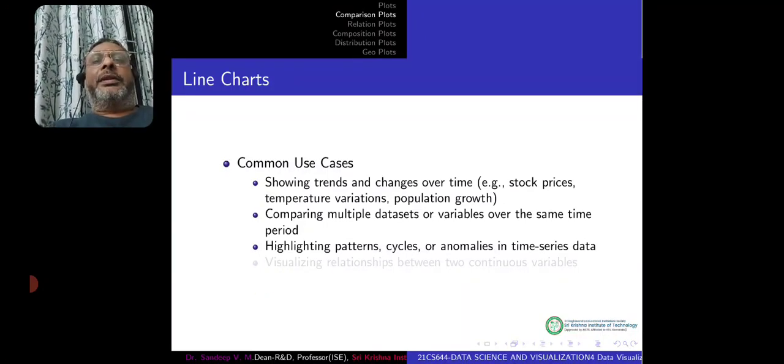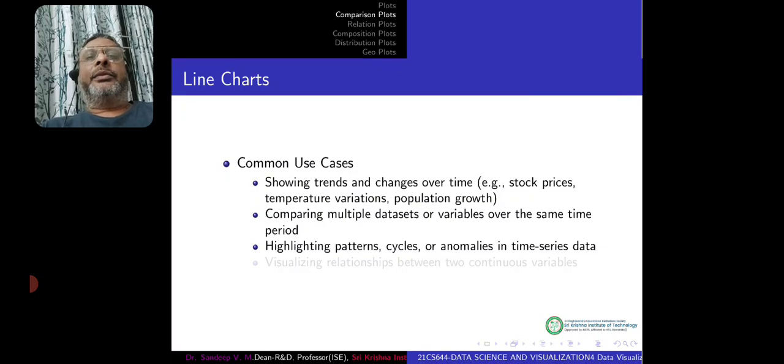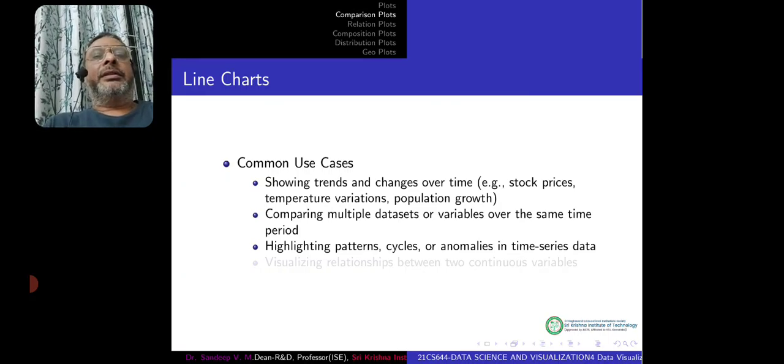So this will highlight the patterns, cycles and anomalies in time series data. So if you plot this line chart, we can visually and easily understand, is there any pattern visible in the data, any cycles are there in the data, and then any anomalies we see in the data.